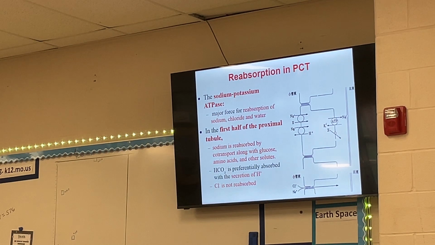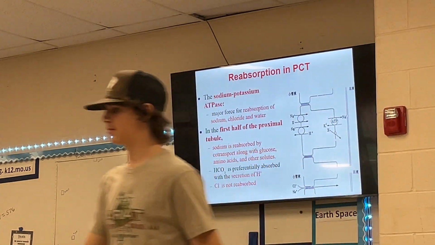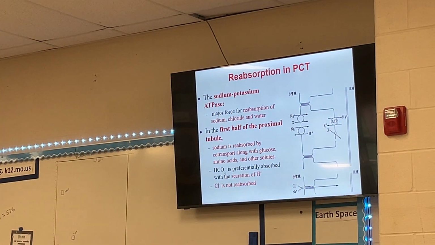So our body wants to get that sodium and that chloride as quickly as possible, and it wants to get that glucose and those amino acids as quickly as possible. So it's trying to get it all back in the blood very quickly. It doesn't want it to have to go through the rest of the nephron.